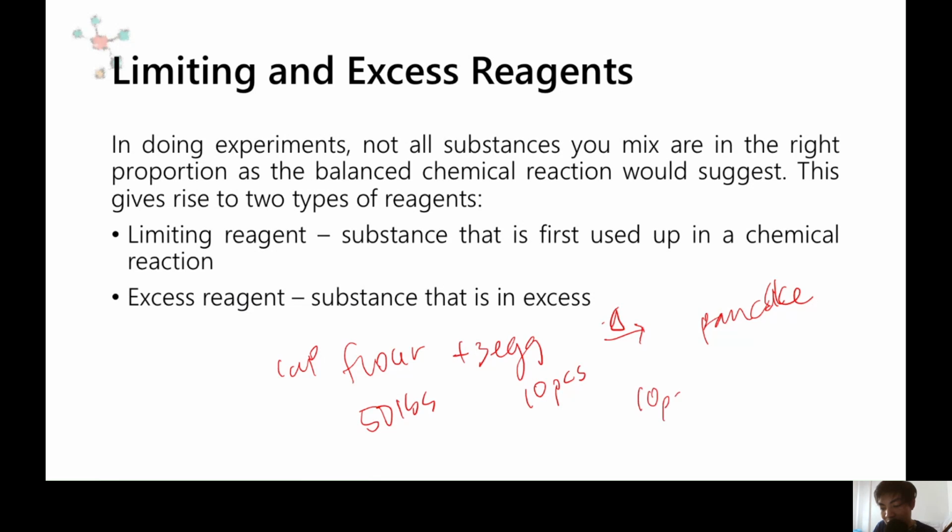So we have 10 pieces eggs. Alamin natin kung ilang cup of flour ang kailangan. According to the stoichiometric relationship, for 3 eggs, you have 1 cup of flour. Cancel natin yung egg. Then that's 10 over 3. Wait lang, calculate. 3.33, so 3.33 cups.